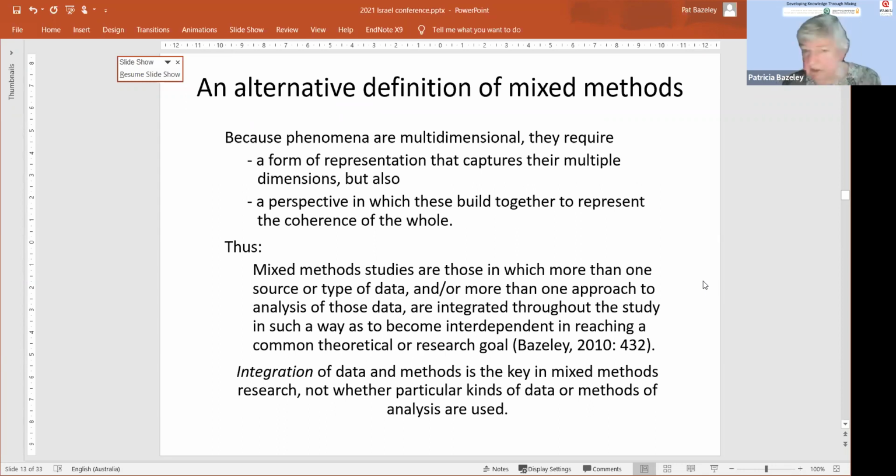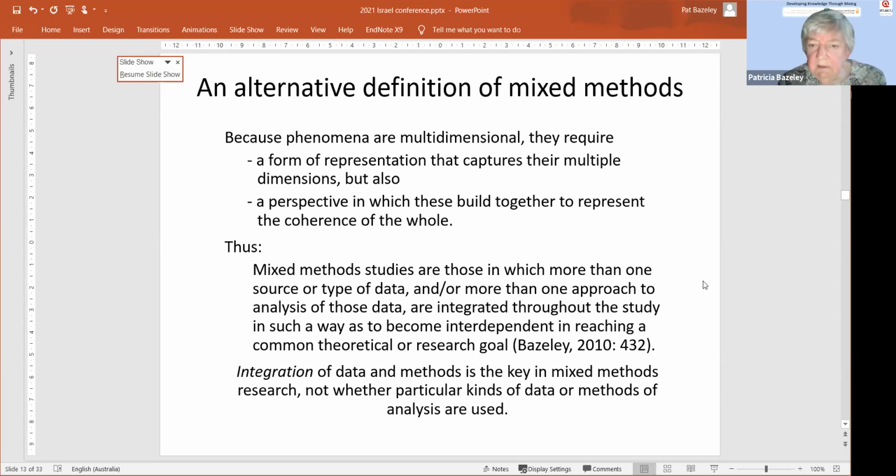And so my definition of mixed methods emphasizes that you will use either more than one source or type of data or more than one approach to analysis of those data. It is possible to have a single source but analyze it in different ways and still fit my definition of mixed methods.